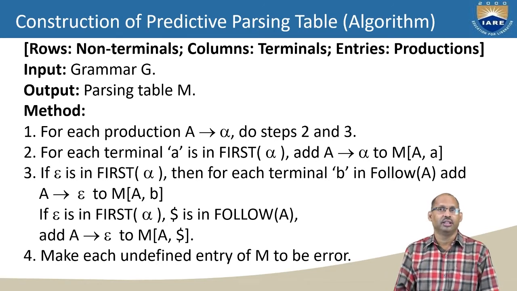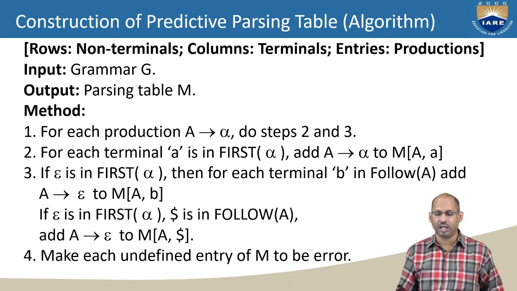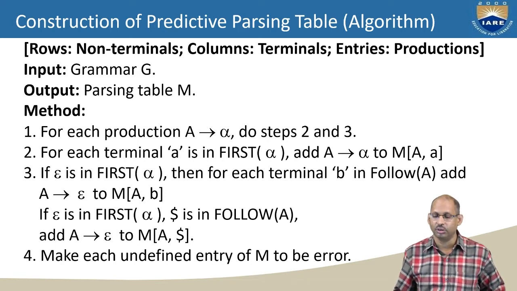Here, a grammar is given and output is parsing table M. Now we will specify how to construct the predictive parsing table. For each production, A gives alpha, do steps 2 and 3.